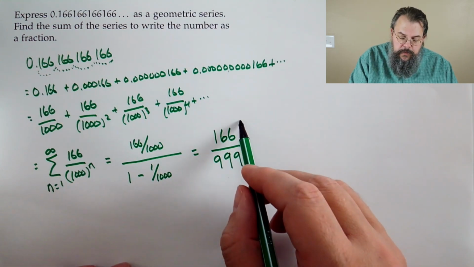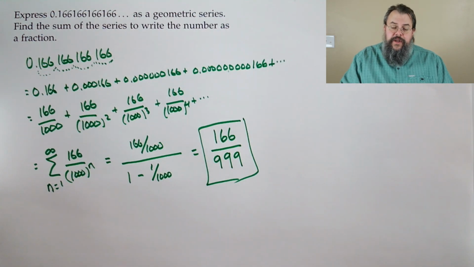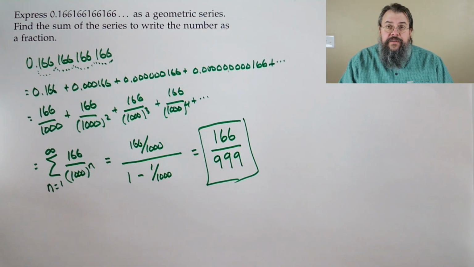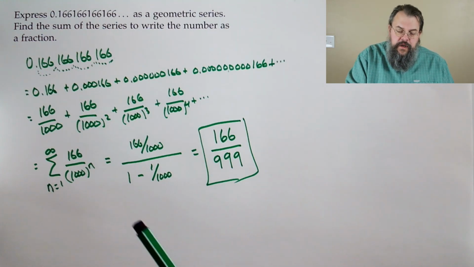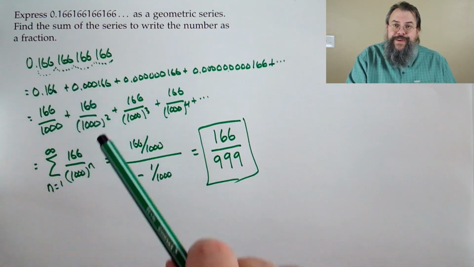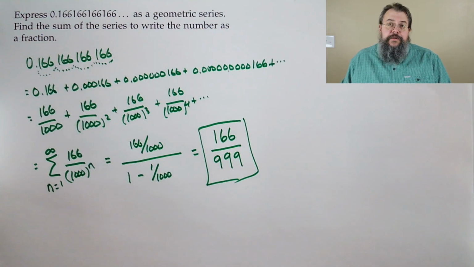And that's good enough for us. There we go. So if you take the number 166, punch into your calculator 166 divided by 999 equals, it'll be 0.166166166. And you can easily adapt this to any other fraction you want.